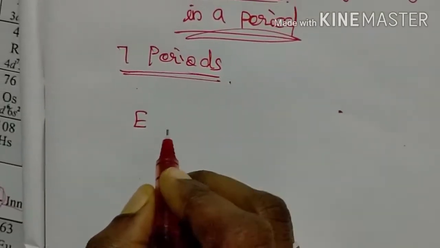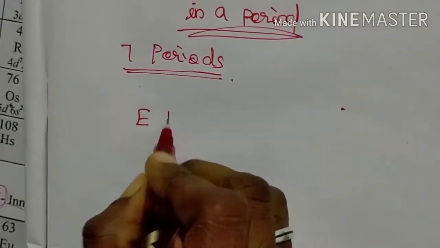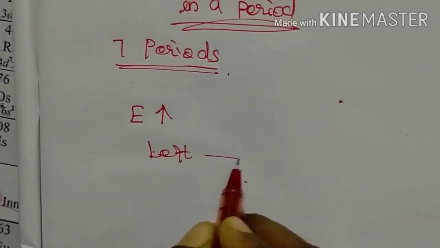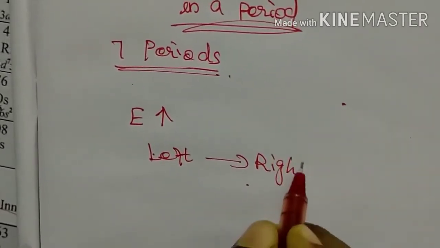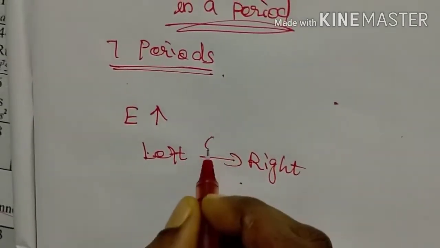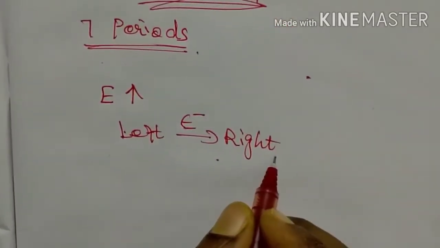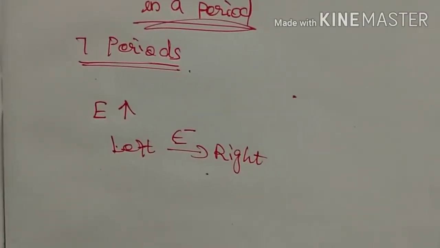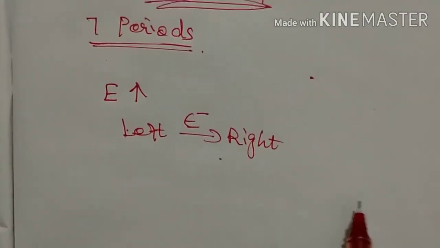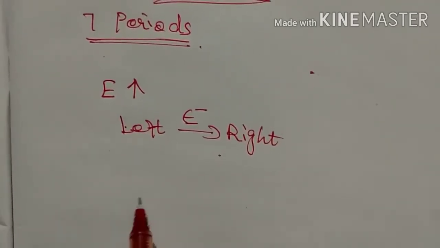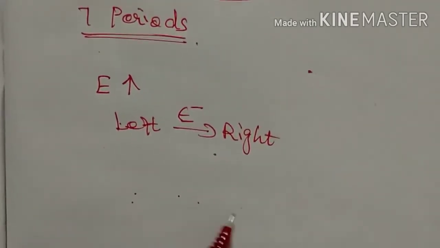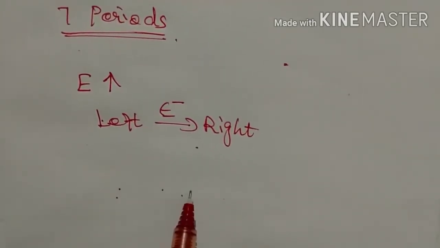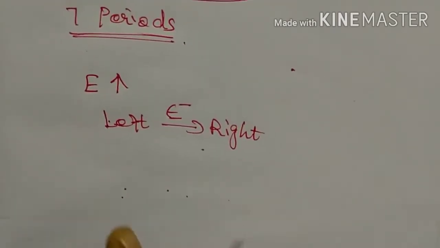Generally, electronegativity is increasing across the period from left to right. Electronegativity is increasing left to right because the atomic radius is decreasing along the period, and also the attraction between the valence electrons present in the valence shell and the nucleus, the attractive force between the nucleus and electron, is increasing.